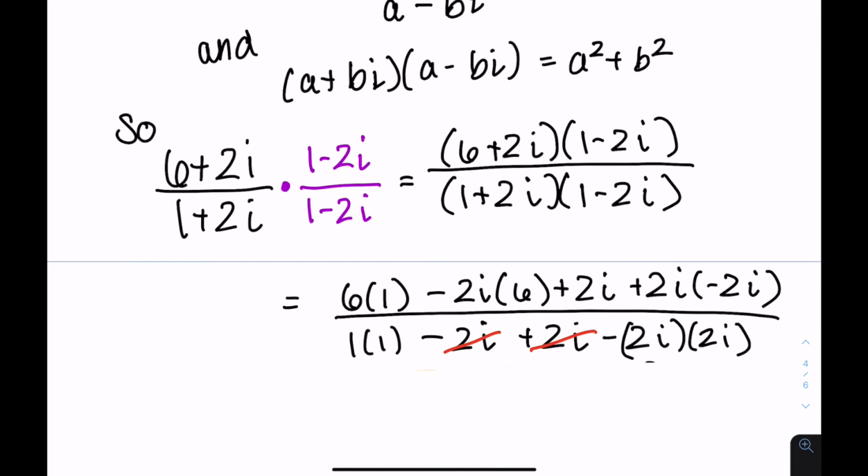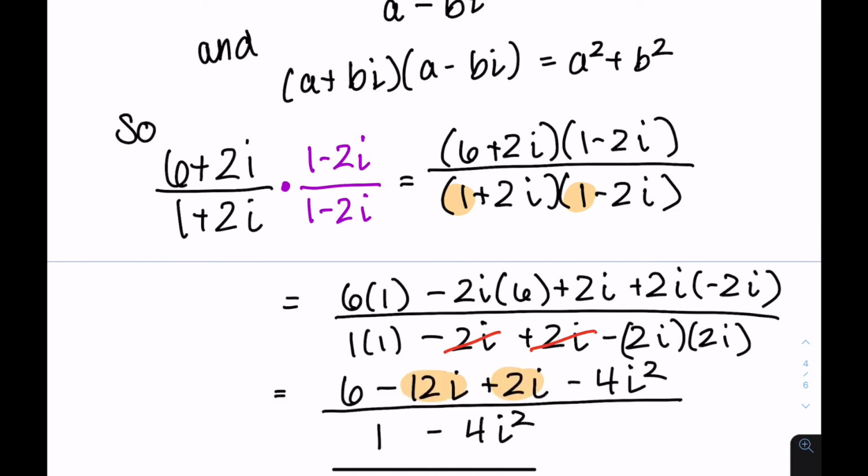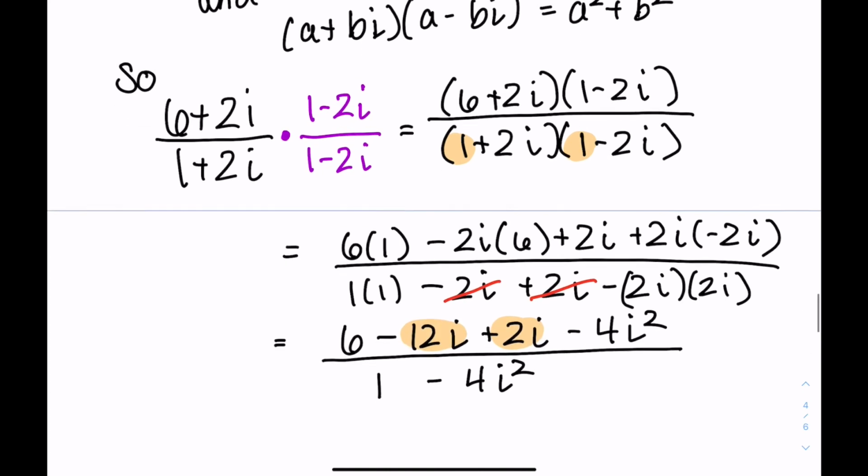And in the bottom, if you go through that process, your first term's 1, your outer's negative 2i, your inner's positive 2i, and your last is negative 2i times 2i. So the positive and negative 2i's cancel. So in the bottom, we're going to be left with 1 minus 4i squared.